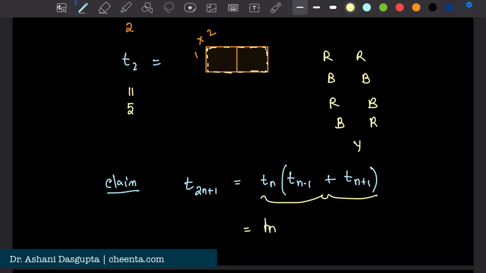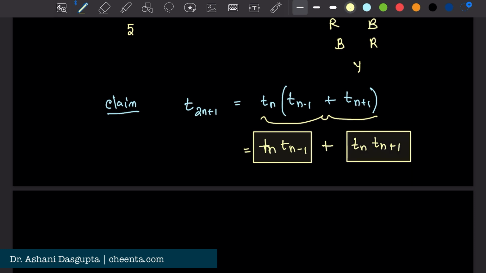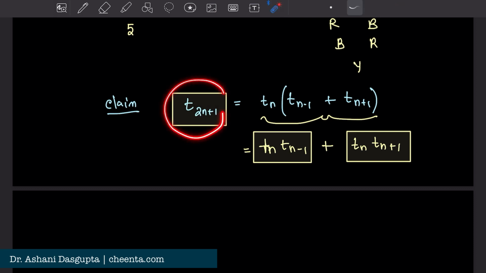First, it should be split in the sum form. And then you should think of each of these as subcases of this. So this is the total number of cases of covering a 1 cross 2n+1 rectangle, and these are the mutually exclusive and exhaustive subcases.